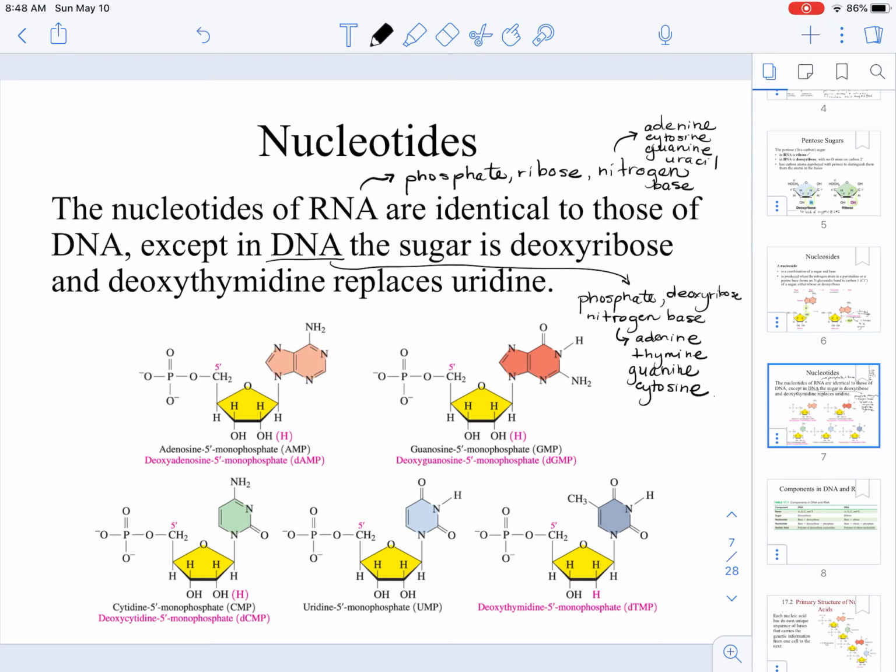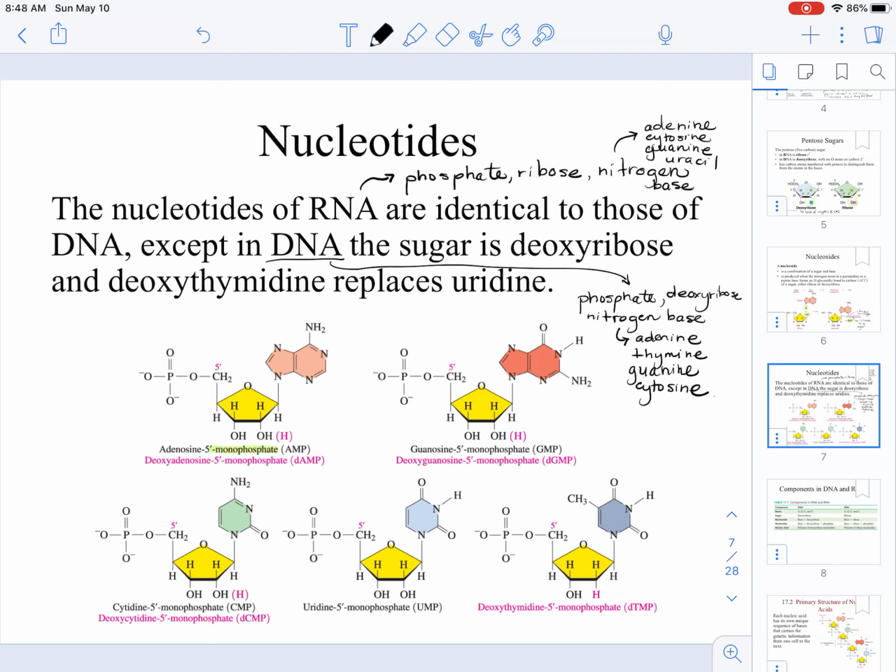Now, understand that we can have 1, 2, or 3 phosphates. Here in the slides, we're only using 1 phosphate, and that's why we have the name monophosphate.